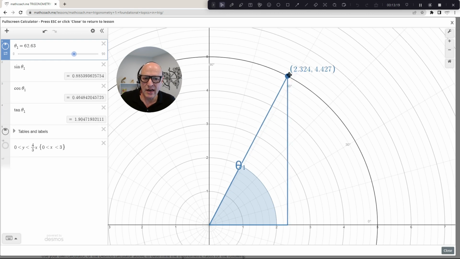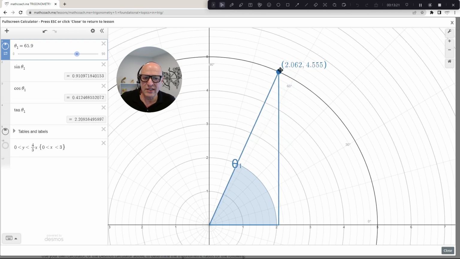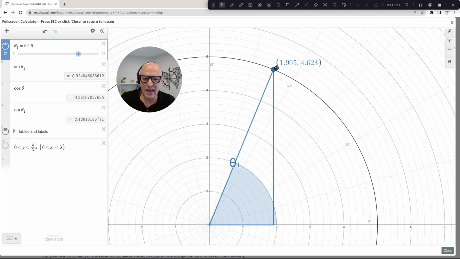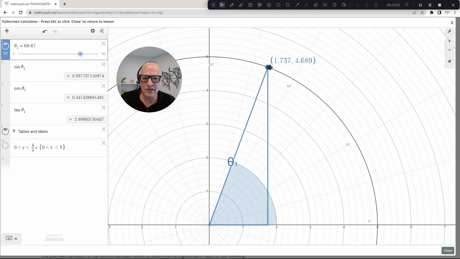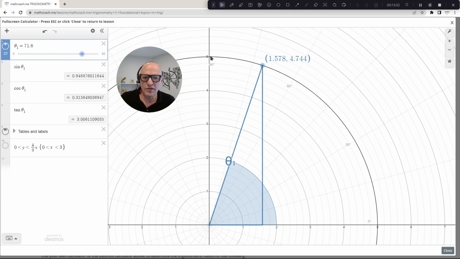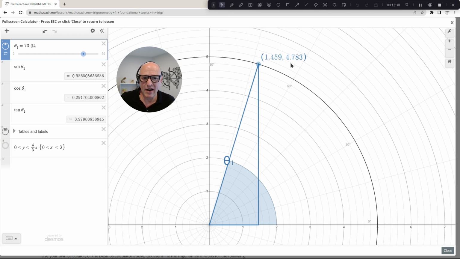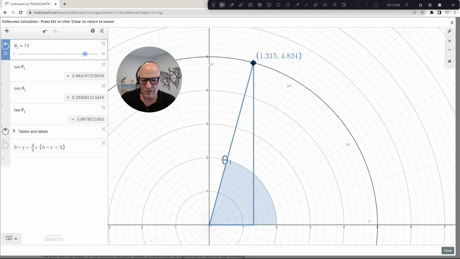Now I'm just going to begin to drag this. And I want you to watch the opposite side and the adjacent side. So the opposite side, this side, is beginning to approach 5, okay? And when we get to 90 degrees, it's going to be right at 5. Right now we're at 4.783. The adjacent side, on the other hand, is beginning to approach 0, okay?